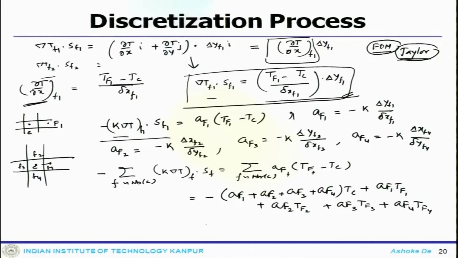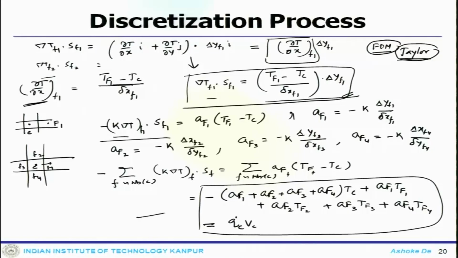And that equals my Q dot_C b_C. So now this particular system is nothing but a linear system.